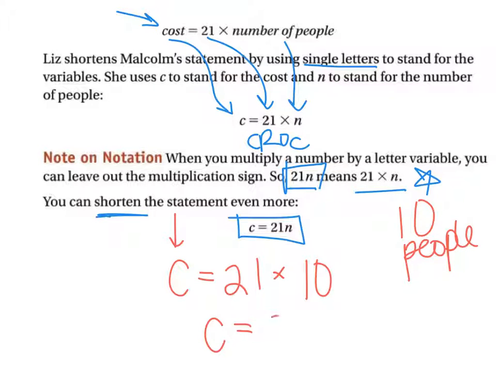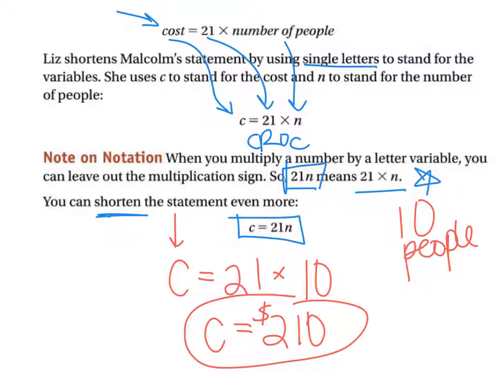Once you multiply, you would get $210. So in order to get 21 people into Wild World Amusement Park, it would cost $210. So using an equation just allows you to substitute or find the value of the dependent variable whenever you are substituting in for the independent variable.